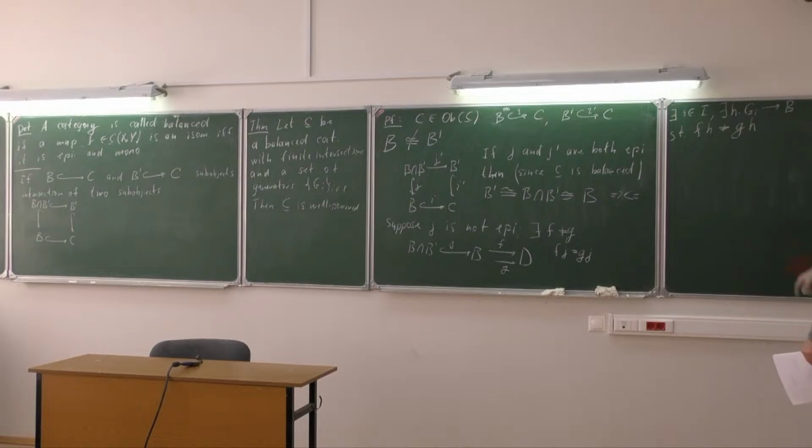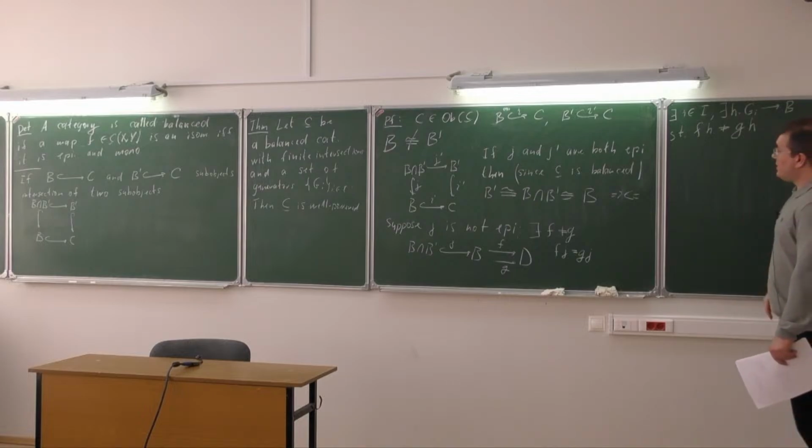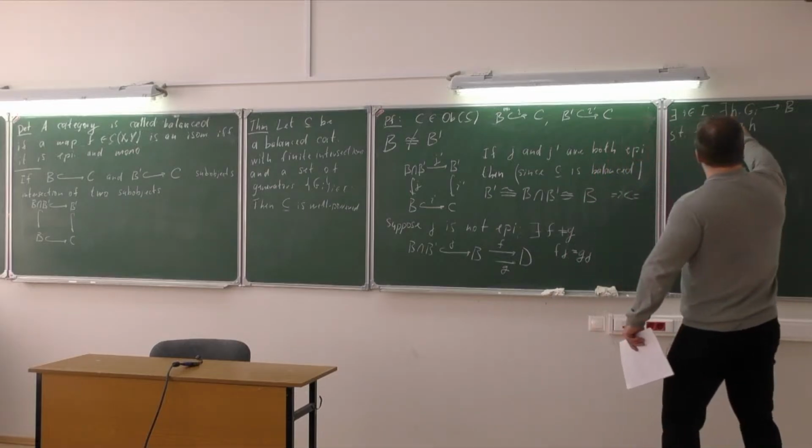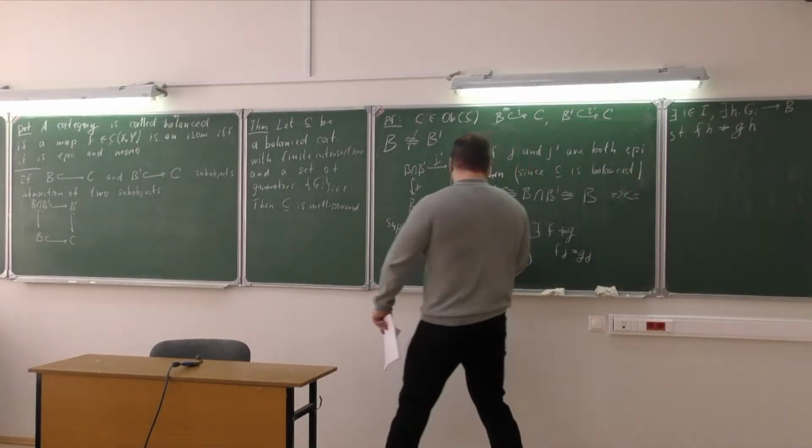So why can I find such an index and H? By the same reason as before when I asked such a question, because this is a generating set. If I have two different maps, I can always find such a map H. I can also draw this on the diagram.